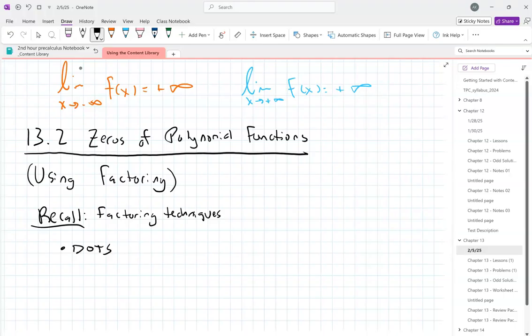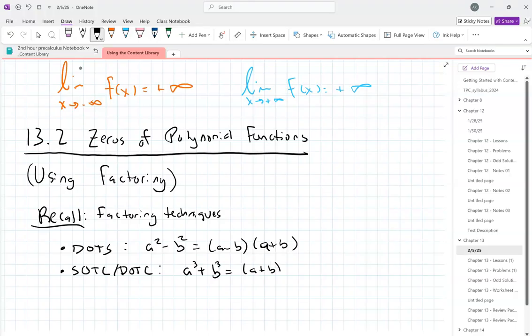I abbreviate that as dots. There's the sum of two cubes, or the difference of two cubes.